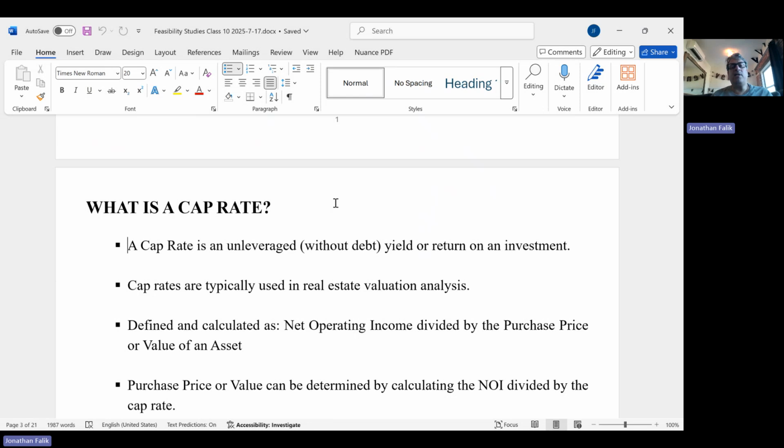So when someone says the cap rate is 7%, the cap rate is 8%, the first question you should be asking is, why are you telling me this? Why do I care? But the second question you should be asking is on what year's net operating income?